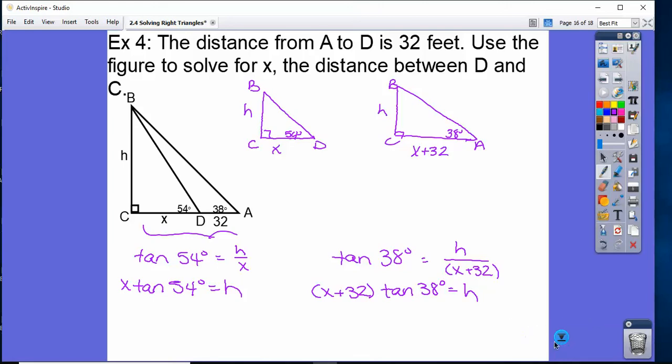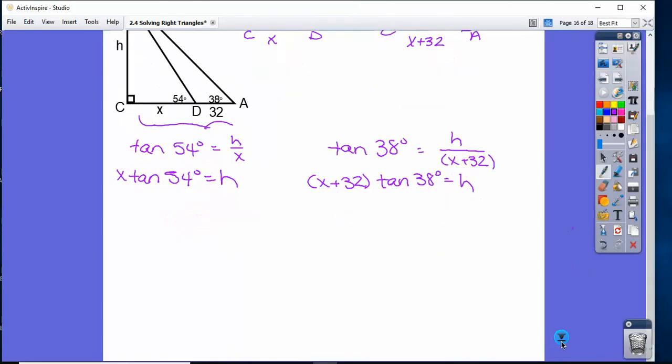However, look at those 2 equations. What do they have in common? They're equal to the same thing. So they're equal to each other.